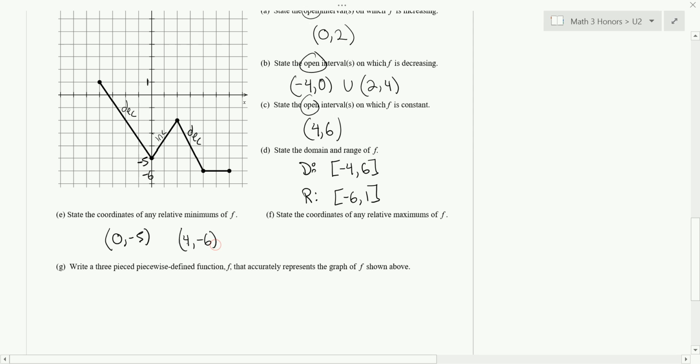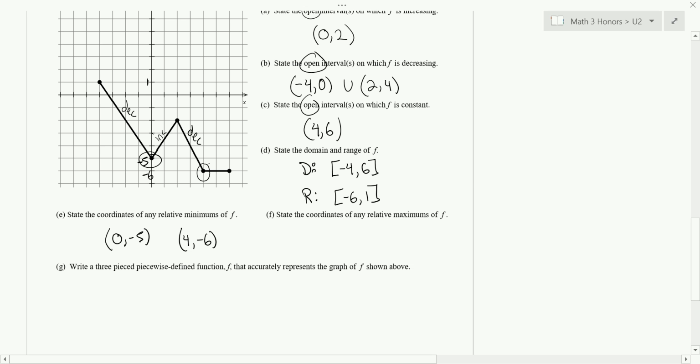Okay, so let's take a look at those. So 0, -5, it's right here, and 4, -6, right here. So on this point right here, it changes between what and what? Cool. Decreasing to increasing. Okay. And by definition, if you have that change, it's a relative minimum.